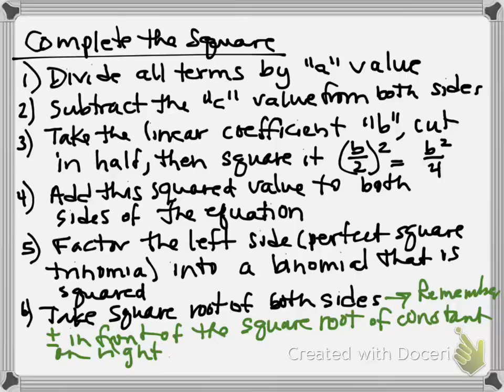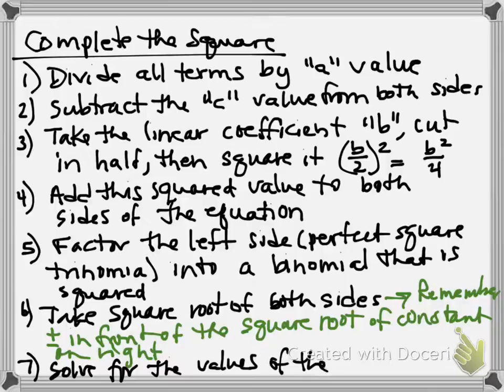And then solve for the values of the variable, which again are your roots where it crosses the x-axis. It's your x-intercepts. Now, we talked about there being a potential of 1, 2, or no x-intercepts. So it is potential that we get 1 answer, 2 answers, or no answers.